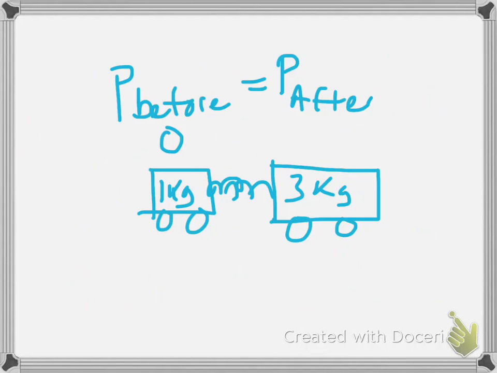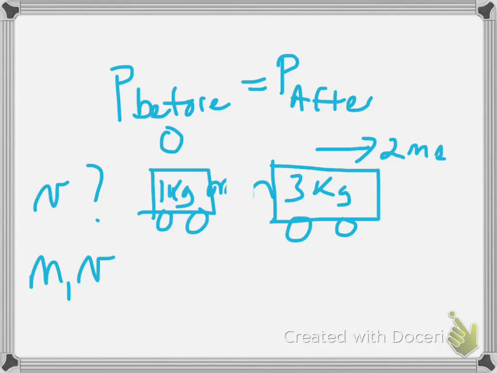Now if we cut that spring and it releases them, we can say that this cart ends up going off with a speed of 2 meters per second. We want to know how fast this one is traveling. The momentum after is just the total momentum, so it would be the mass of the first cart times its velocity plus the mass of the second cart times its velocity. But that would be equal to 0 because that is our momentum before.